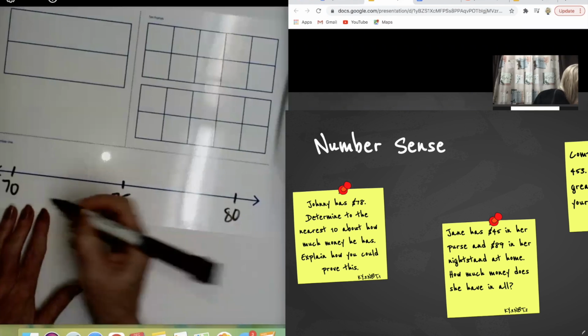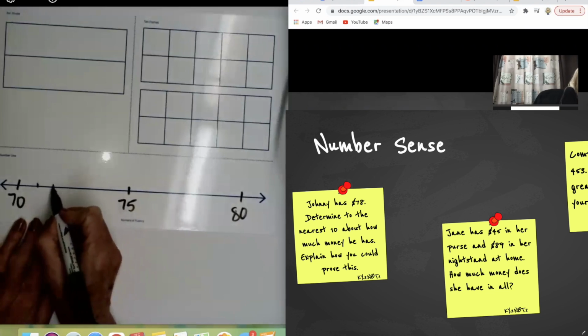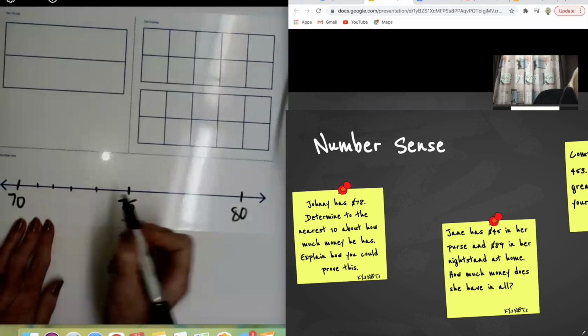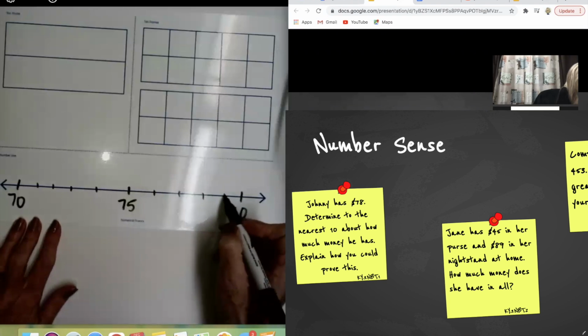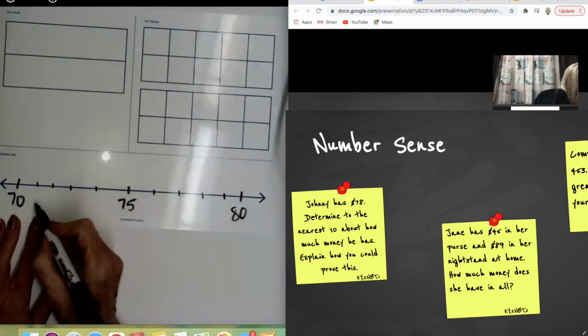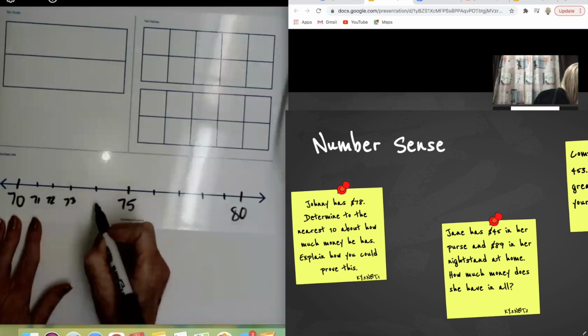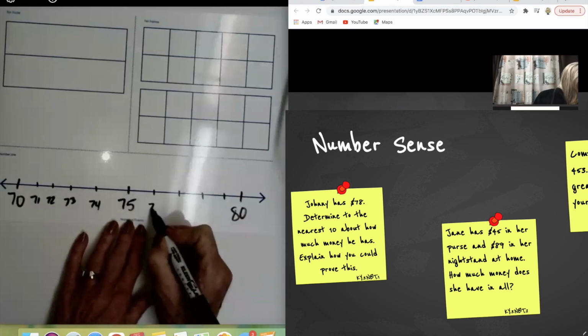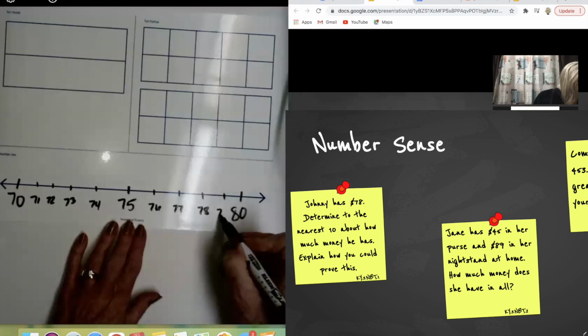And we'd make our tick marks. So 1, 2, 3, 4, 5, 6, 7, 8, 9. And if they need to, then we can go ahead and fill them in: 71, 72, 73, 74, 76, 77, 78, 79.